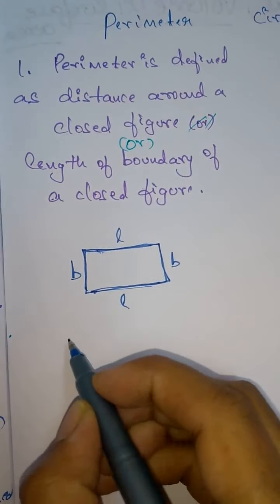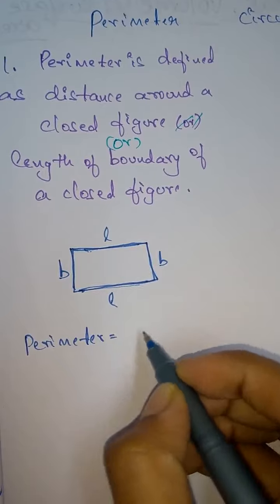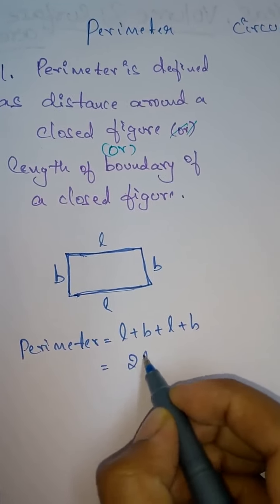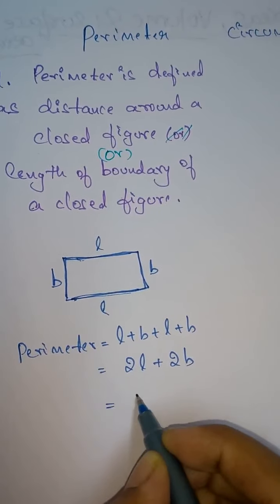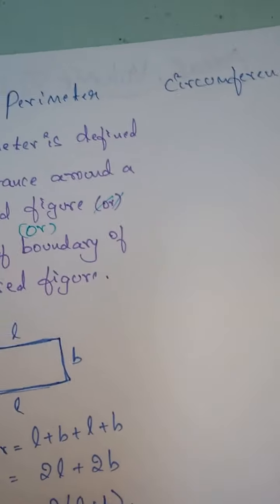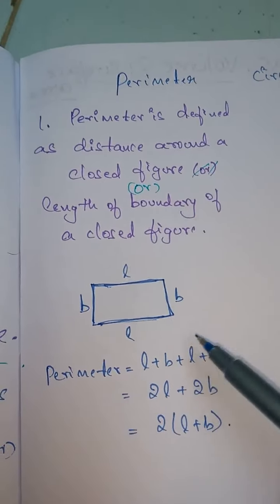So the perimeter of the rectangle becomes L plus B plus L plus B, meaning 2L plus 2B, that comes 2 into L plus B. That is a perimeter of a closed figure.